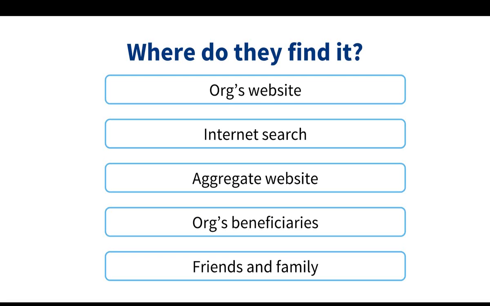And then, of course, looking to beneficiaries, there's things like Great Nonprofits, or there's others that I'll share more with you later. And then, of course, asking family and friends. These are in order of how often folks look at these. So your website is front and center, but it is not the only thing. Make sure that you're really thinking about the ways that permeates online, what that looks like.